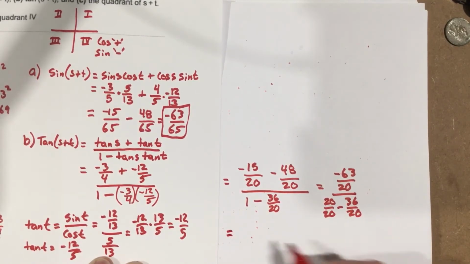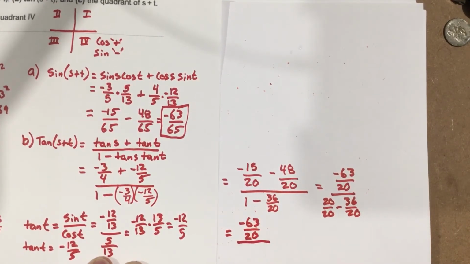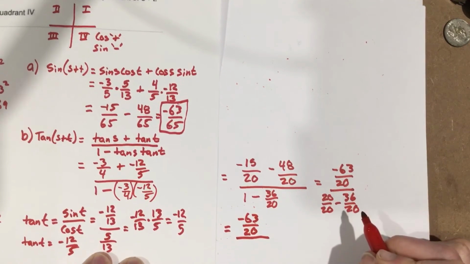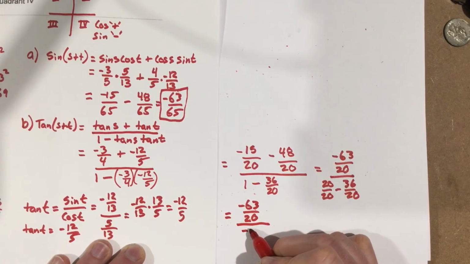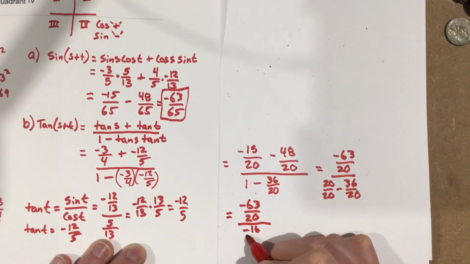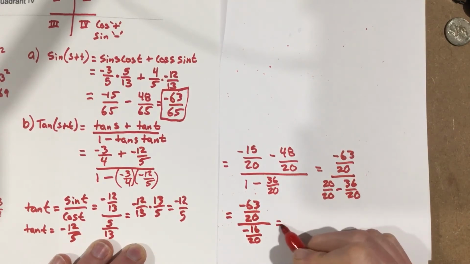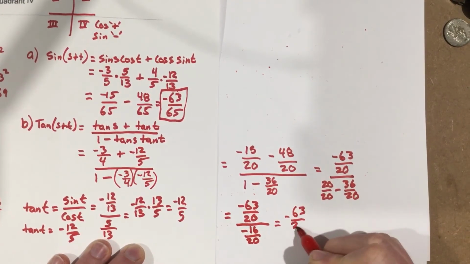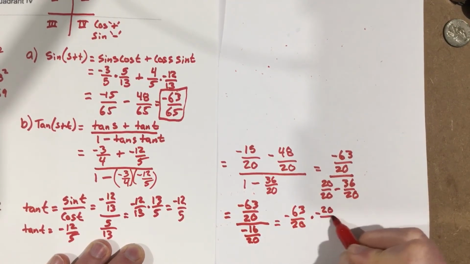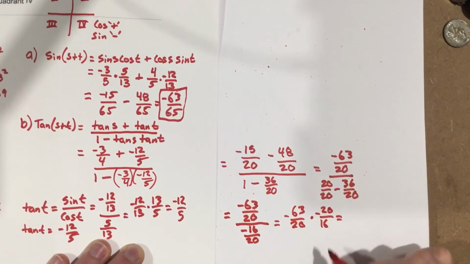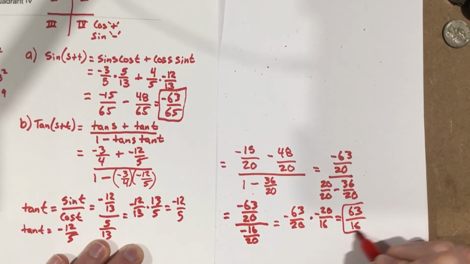That's going to equal negative 63 over 20 over, when I do 20 over 20 minus 36 over 20, that's negative 16 over 20. I'm going to flip and multiply, so that's negative 63 over 20 times negative 20 over 16. The two negatives give me a positive. The 20s cancel. I'm left with 63 over 16 for my answer.